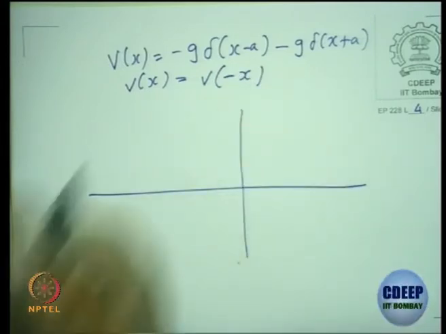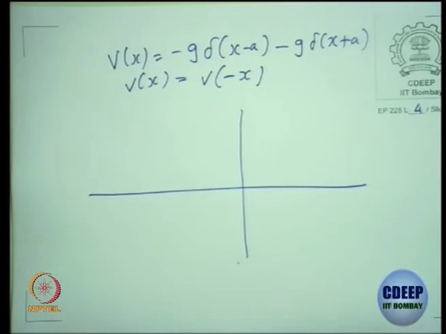What kind of solutions can you write here? Because of this property, we will prove also, whenever you have this property, the solutions will be either even functions or odd functions. And even functions will not have a node at the origin, but odd functions will have a node at the origin.